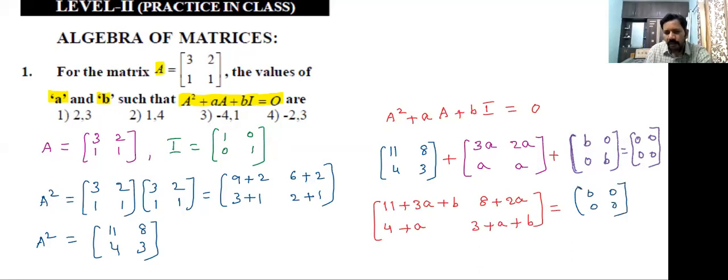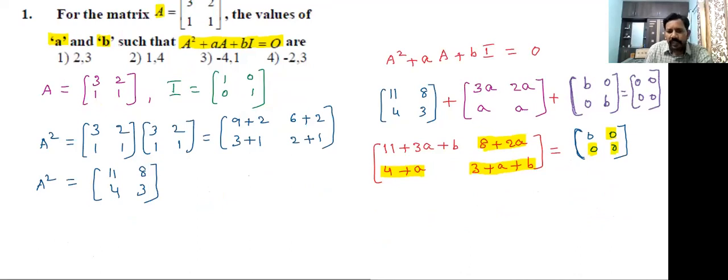Okay. Now equating the corresponding elements: 8 plus 2a is equal to 0, 4 plus a is equal to 0, any one you can take. After that, 11 plus 3a plus b is equal to 0. Like that.